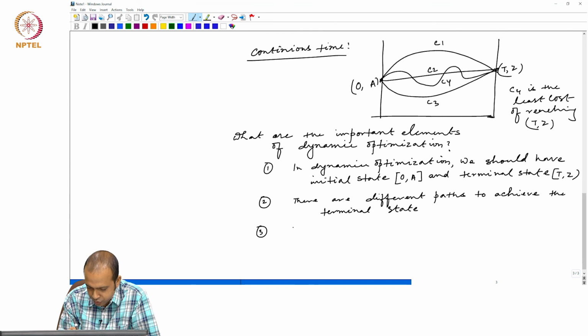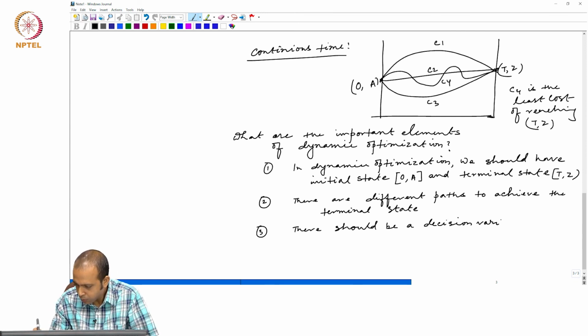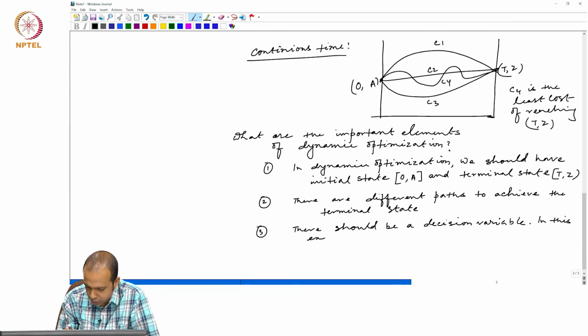Then there should be a decision variable. In this example, it is investment.